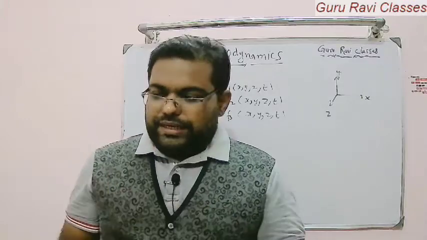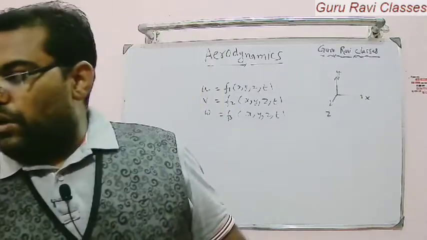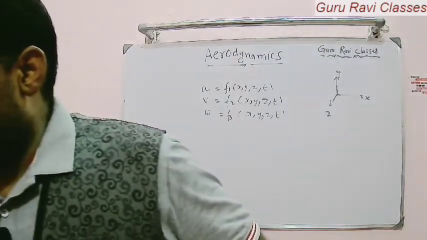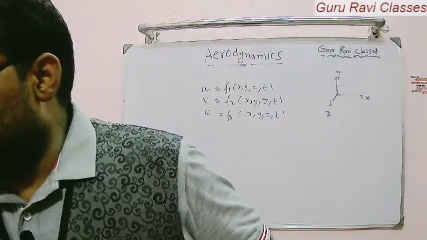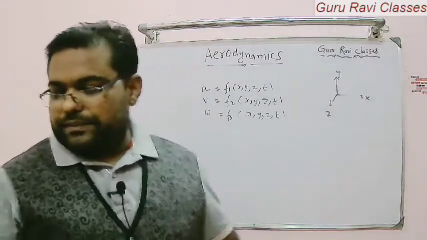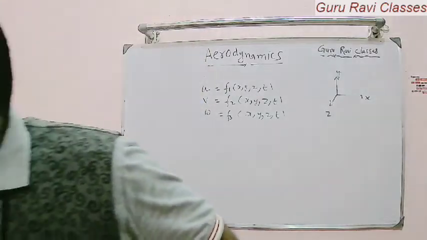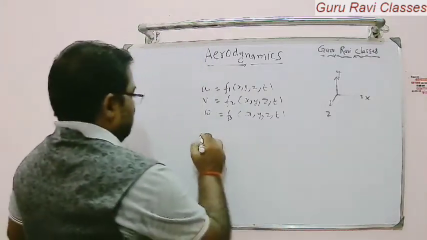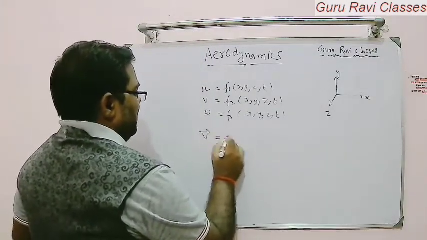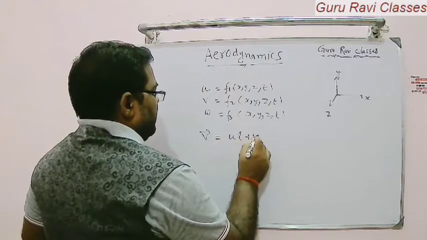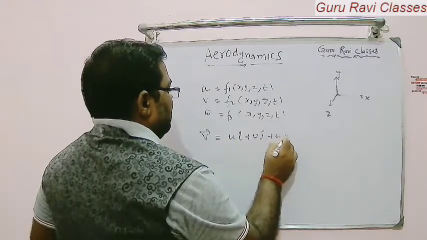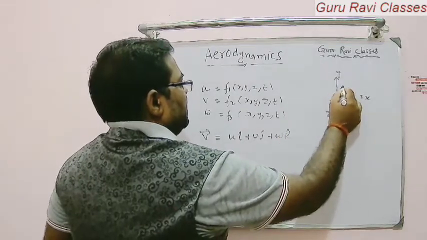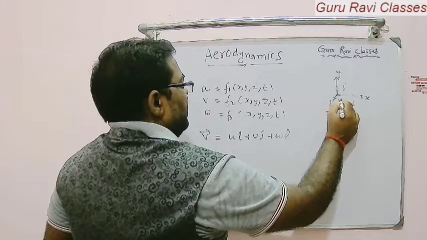So if I am going to write the overall velocity, meaning the resultant velocity, in a very simple approximate way, I can say this is the velocity vector, which is ui, vj, and wk, where i is the representation of the x-axis, this is j, this is k.